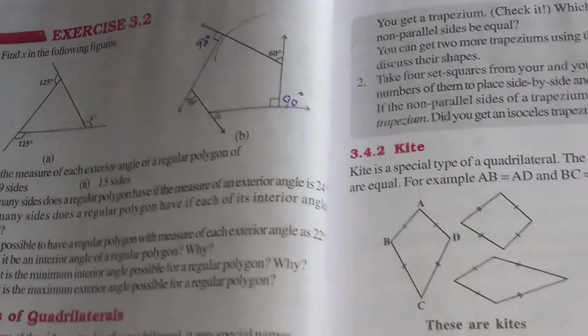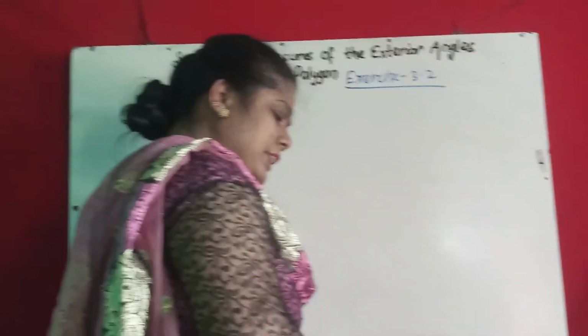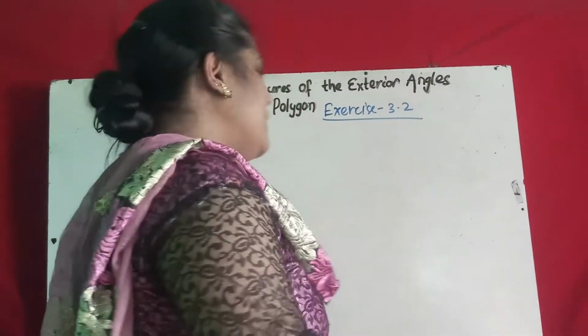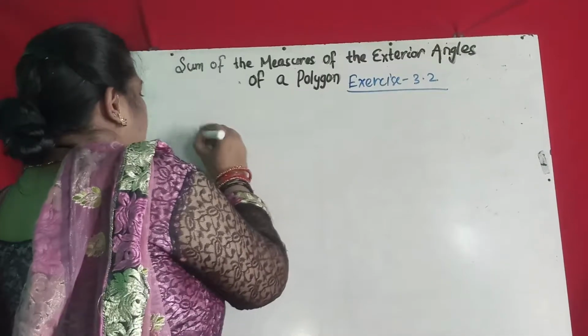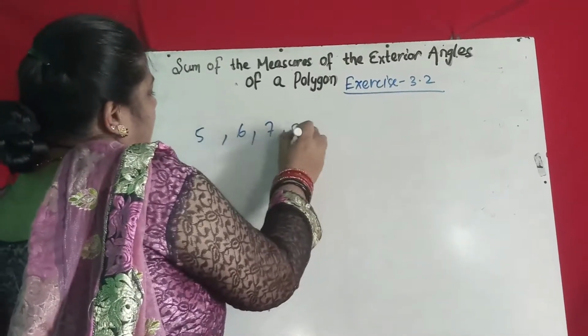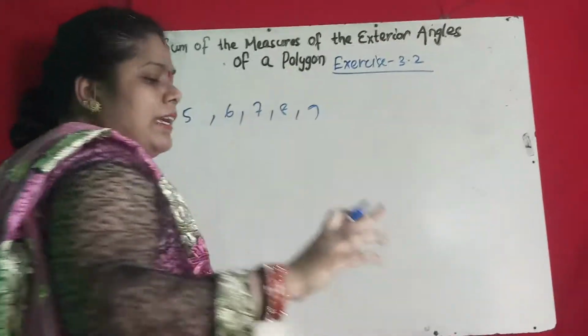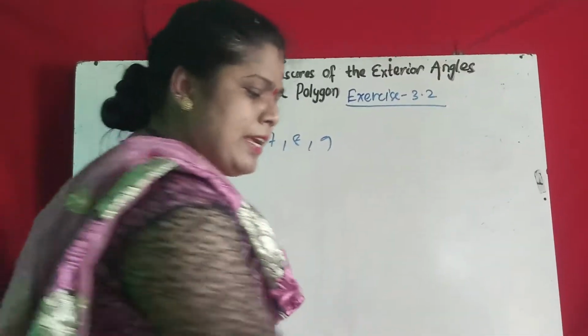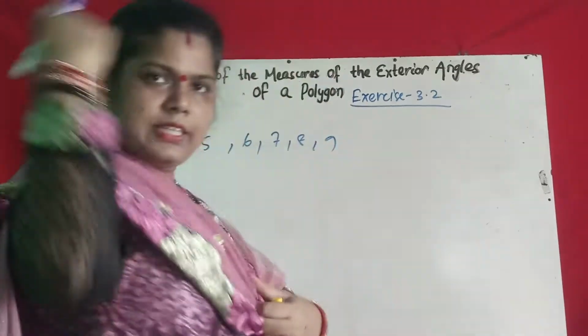Okay. Then number 2, find the measure of each exterior angle of a regular polygon. If a regular polygon is given, the number of sides may be 5 or 6 or 7 or 8 or 9. If the number of sides of a regular polygon is given, then you simply divide 360 degree by it.